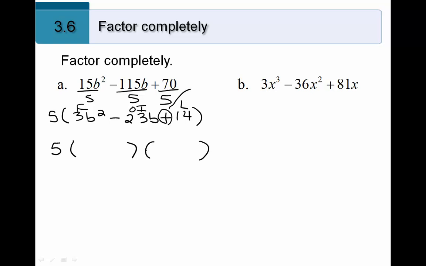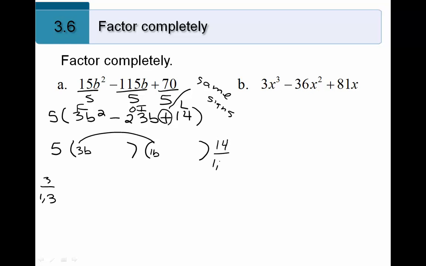So when you factor your two binomials, you'll have to have the same signs. My F here and here are factors of 3, so my only choices are 1 and 3, so 3b times 1b. For my L, I have factors of 14.